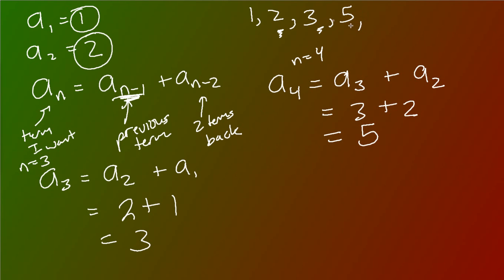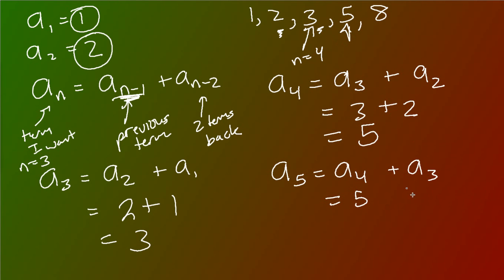So hopefully you can see what's coming next. 3 plus 5 is 8. Let's just make sure that that's correct. So A5, so my previous term then is A4, and 2 terms back then is A3. So A4 is this one, and A3 is this one, and I get 8.